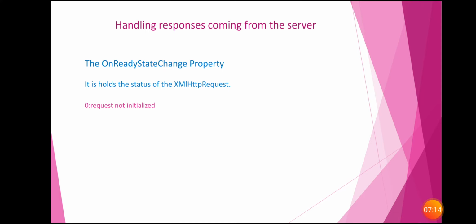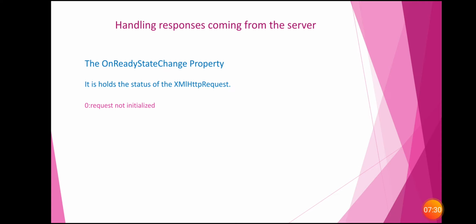The status property and the statusText property hold the status of the XMLHttpRequest object. readyState holds the status of the XMLHttpRequest that we have requested to the server.